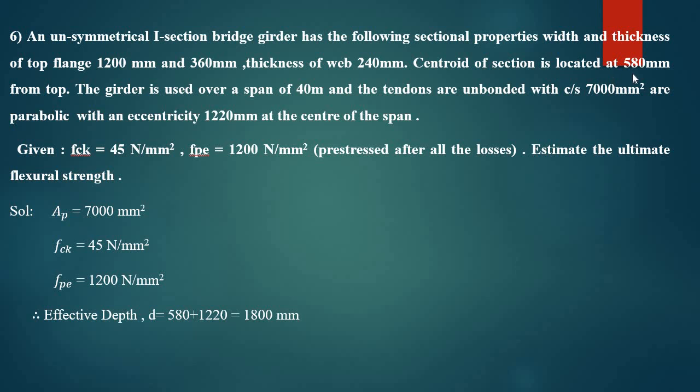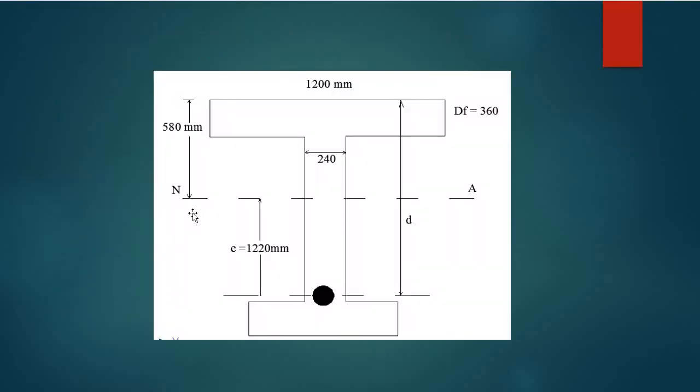The depth of the neutral axis, that is centroid of section, is located at 580 mm from the top. Length of the span is 40 meter. It's an unbonded tendon. Cross sectional area of the cable is 7000 mm square. Eccentricity is 1220 mm. By using these data, we should draw a diagram.